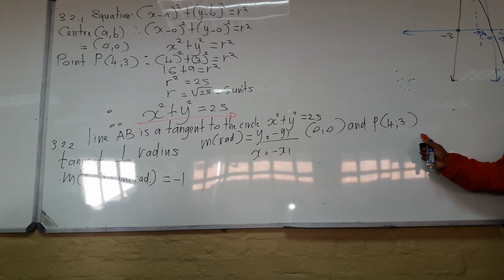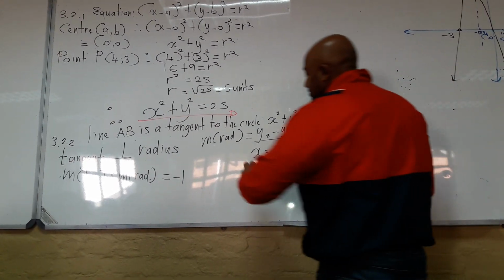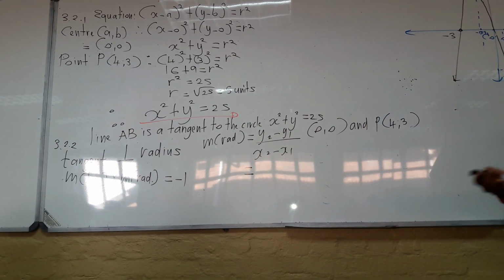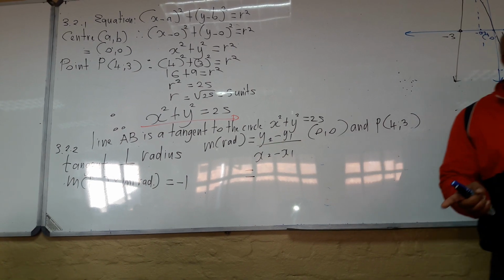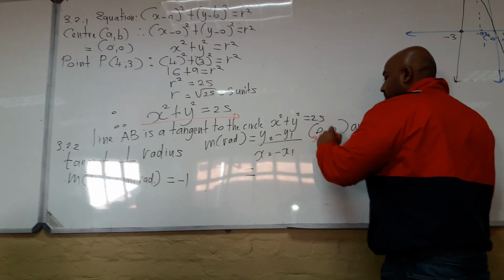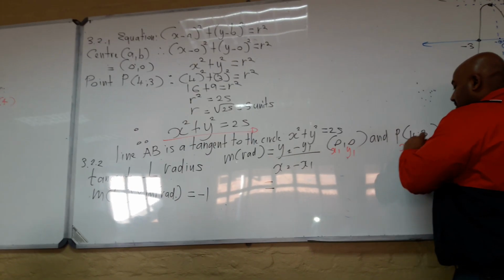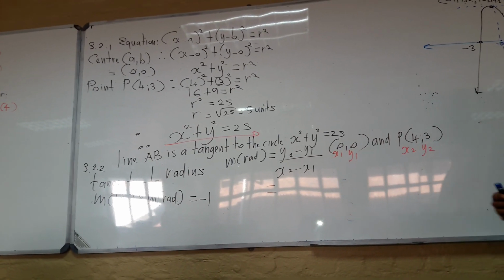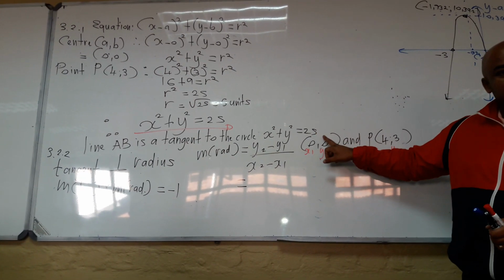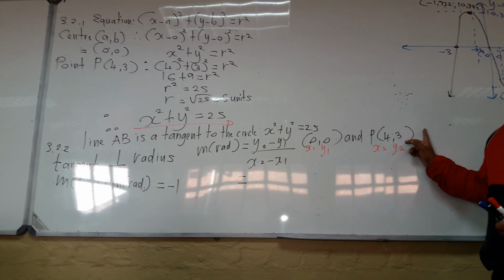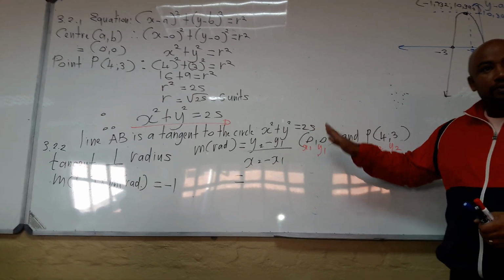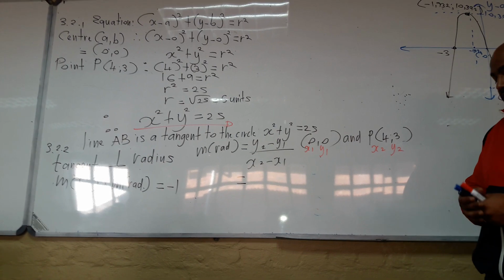Can you see that? It's up to you which one you want to call (x1, y1). It doesn't make a difference which way you go. The final answer will be the same. Let's call this one (x1, y1), and this will be (x2, y2). If you wanted to, you can call this one (x2, y2) and this (x1, y1). But you can't call it (x1, y2). It must be (x1, y1), (x2, y2).